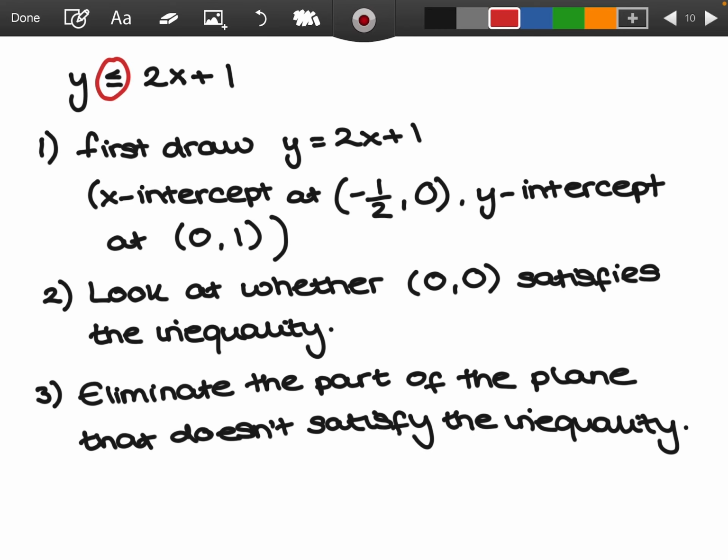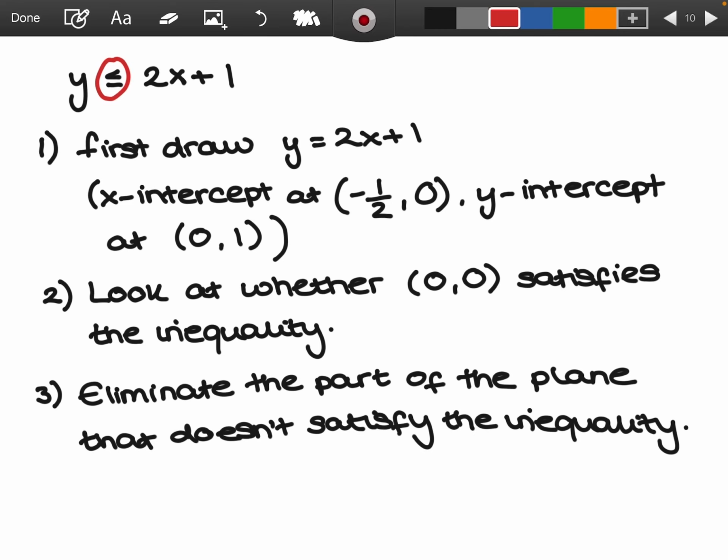If it does satisfy the inequality, then you know that everything to that side of the line satisfies the inequality. If the origin does not satisfy the inequality, then it's everything to the other side of that line that satisfies it.